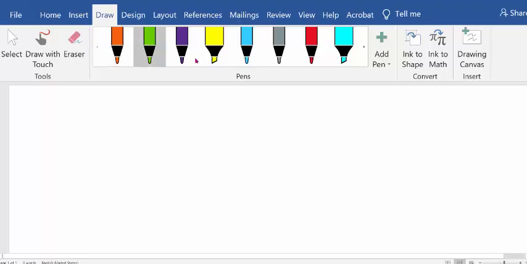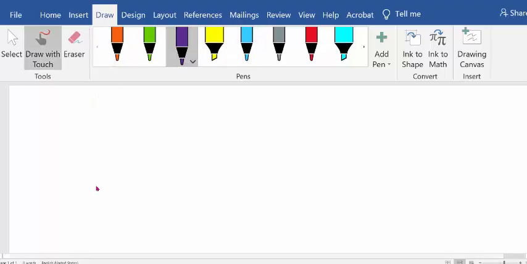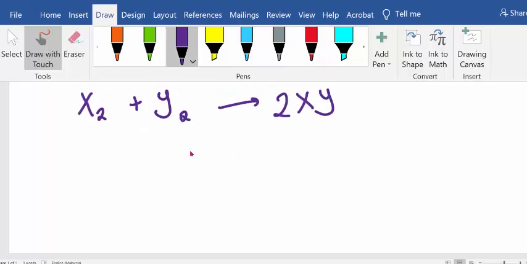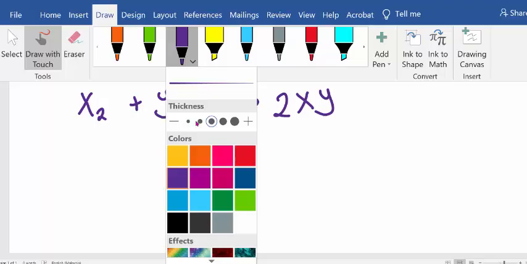Today I'm going to teach you something called energetics. Let's say I have X react with Y to form XY. Let's say this is a reaction.